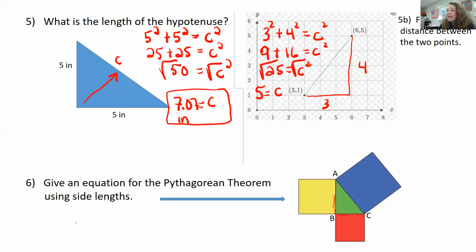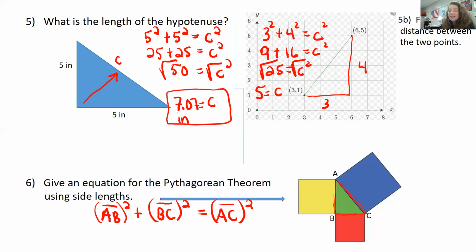So that means that side AB squared, plus side BC squared is going to equal what side length? Line AC squared. So that's all that means.